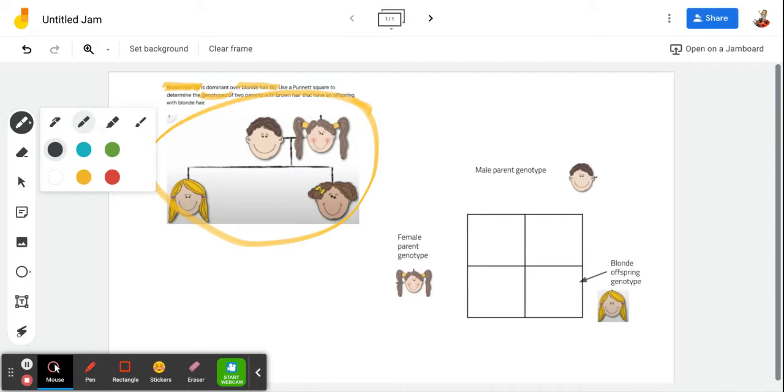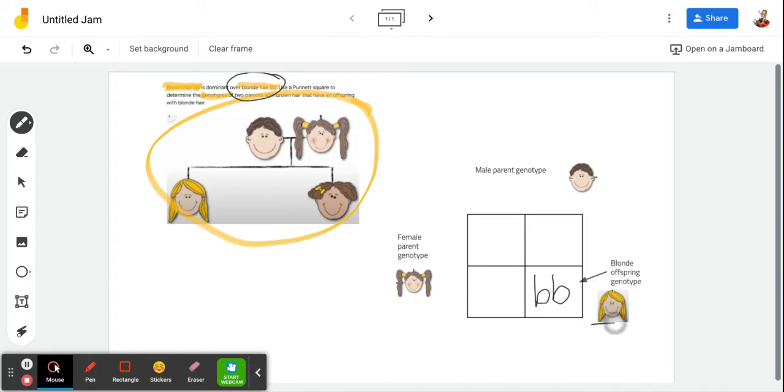We know in this Punnett square that the blonde offspring has the recessive trait, which means that the only possible genotype for this offspring is that she would have two recessive alleles, because that's the only way that the recessive trait is expressed.